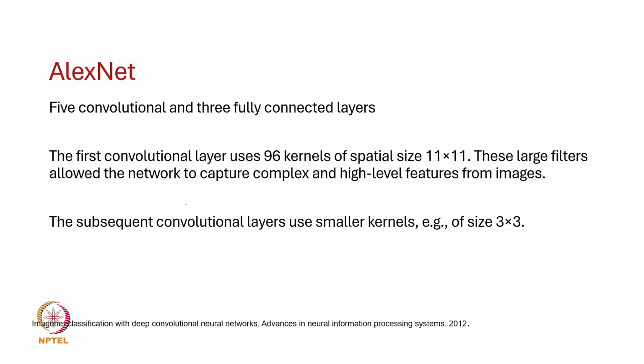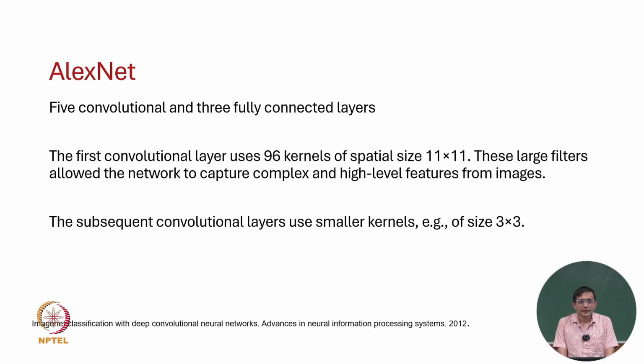So what we see in AlexNet is that there are 5 convolution and 3 fully connected layers. We already saw that the first convolutional layer uses 96 kernels of size 11 cross 11, right? And these large filters allowed the network to capture complex and high-level features from the images. The subsequent convolution layers use smaller kernels.